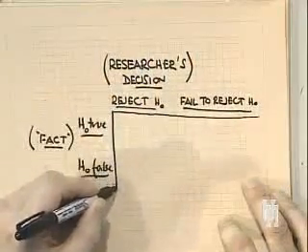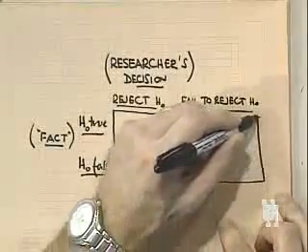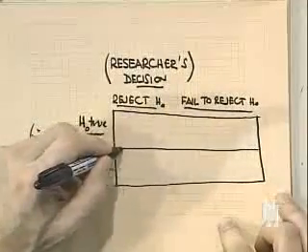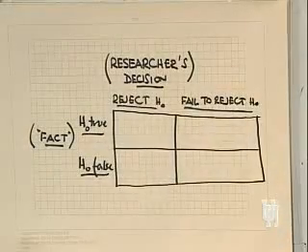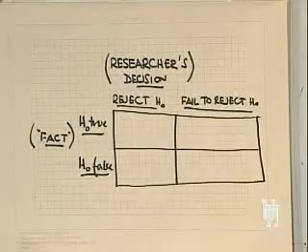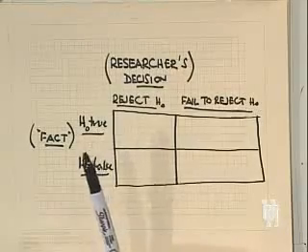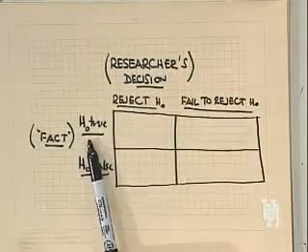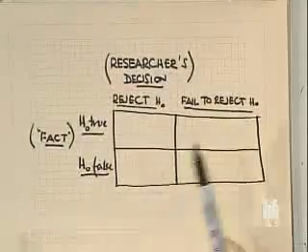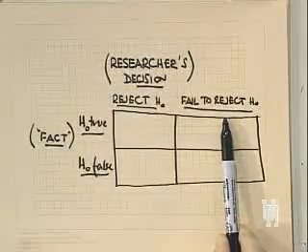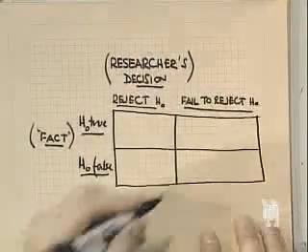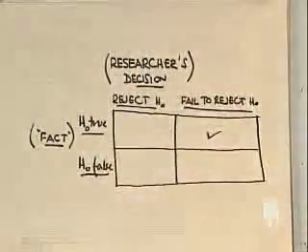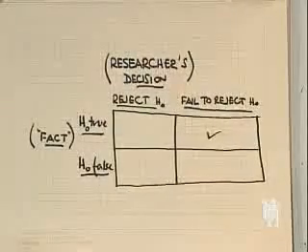What this sets up, of course, is a 2x2. If a null hypothesis is true, and if the researcher fails to reject that null hypothesis, would you agree he done good or she done good?